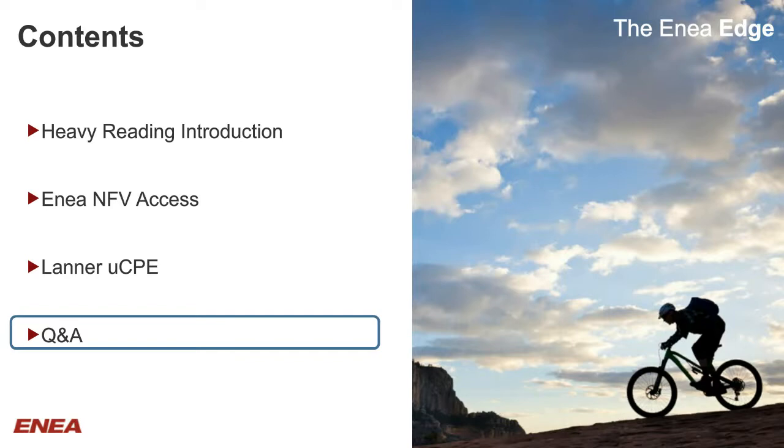And in the 2-core case I'm talking about, obviously there's no vSwitch involved because you don't need it, because you only have 1 VNF. But if you look at use cases where you want to add additional VNFs, then you need a vSwitch, and this is where the importance of that vSwitch being optimized comes in, leveraging DPDK and the combination of DPDK and OVS to be optimal with the hardware.